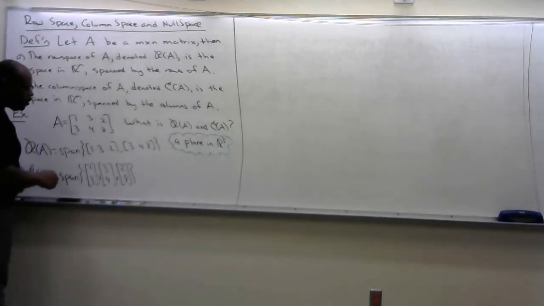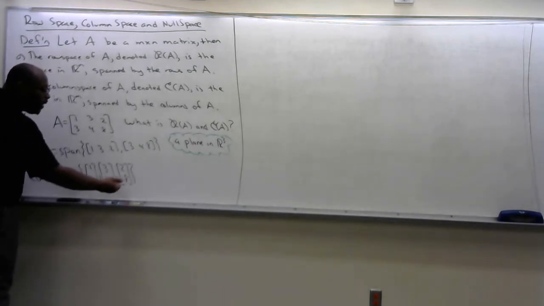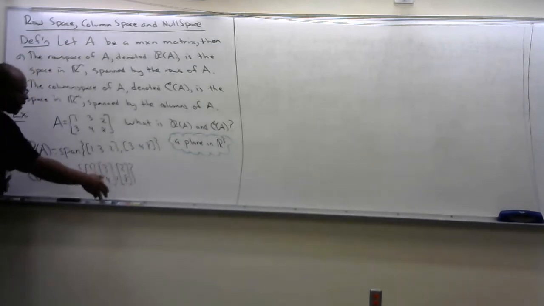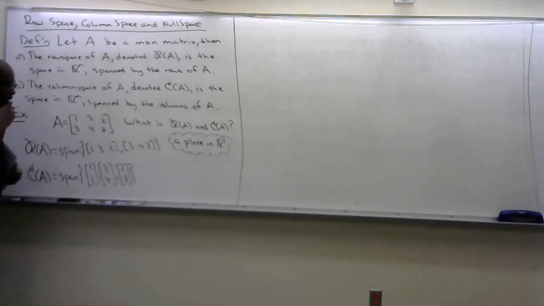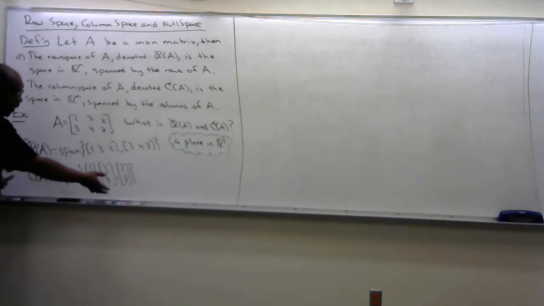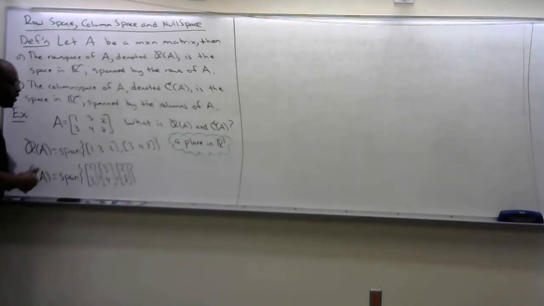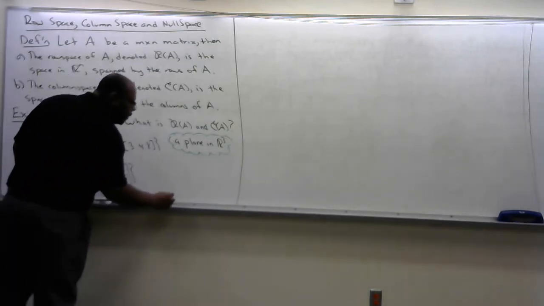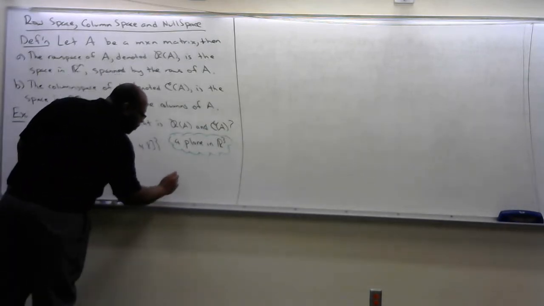I actually have more vectors than I really need, because R^2 is a two-dimensional space. I have three vectors, but I really just need two linearly independent vectors. So the column space of A is actually going to be all of R^2 in this case.